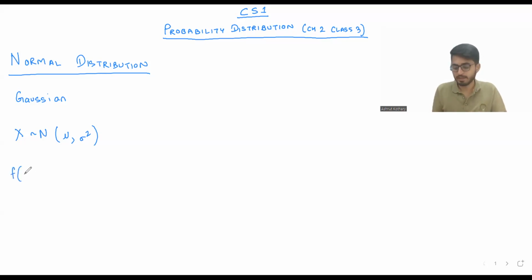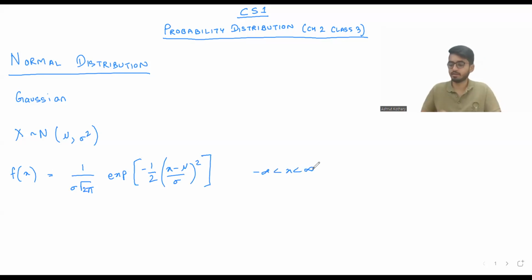So the PDF is given by 1 by sigma root 2 pi, exponential minus half x minus mu by sigma whole square, and the range is from minus infinity to plus infinity.